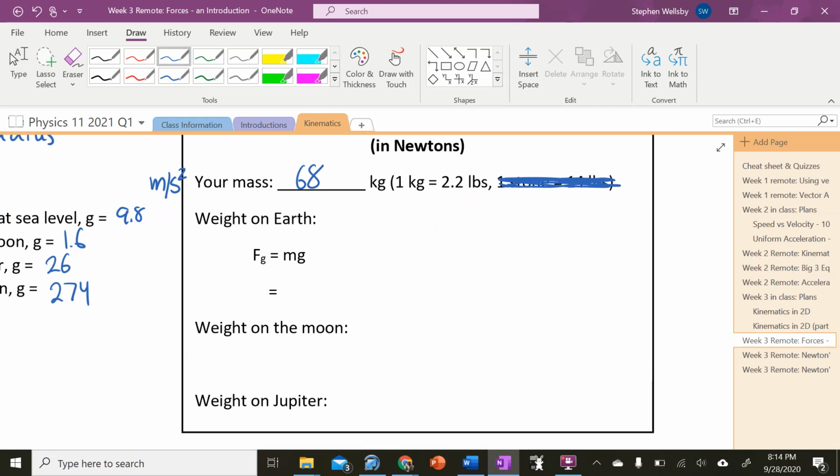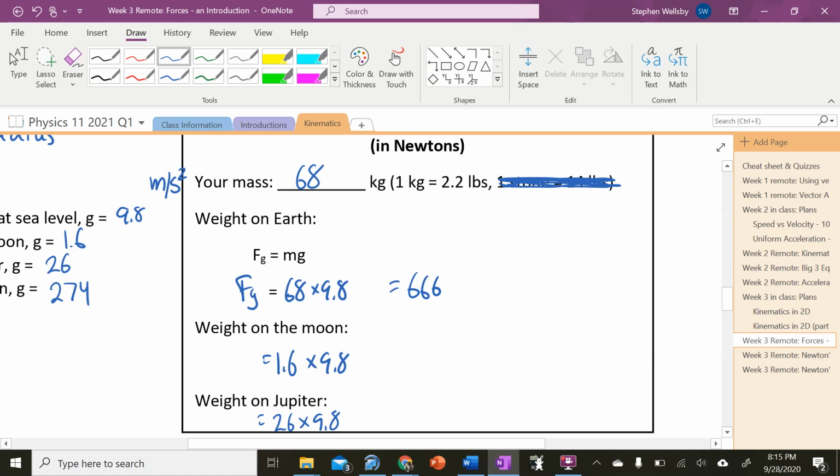So it should be straightforward if you've already tried this out. Hopefully you have. So if I want to know my weight on Earth, we know that Fg is going to be my mass times gravity, so 68 times 9.8. If it's on the Moon, it's going to be 1.6 times 9.8. And if it's on Jupiter, it's going to be 26 times 9.8. And in these three examples here, my weight would be, let's see, 68 times 9.8 gives me 666. If I'm on the Moon, my weight would only be, whoops, that should be times 68.